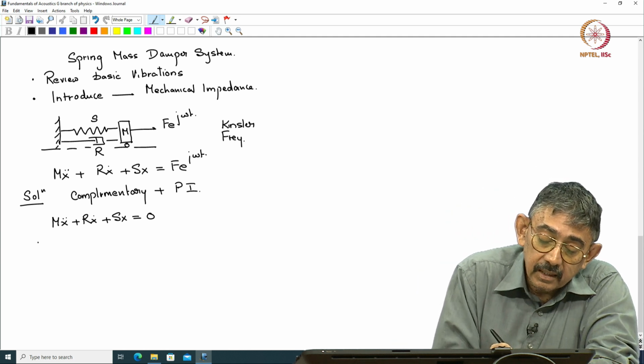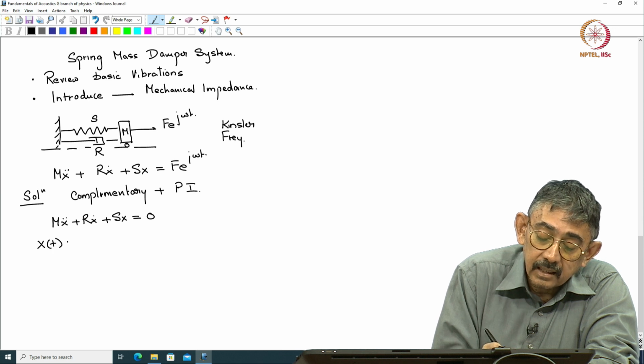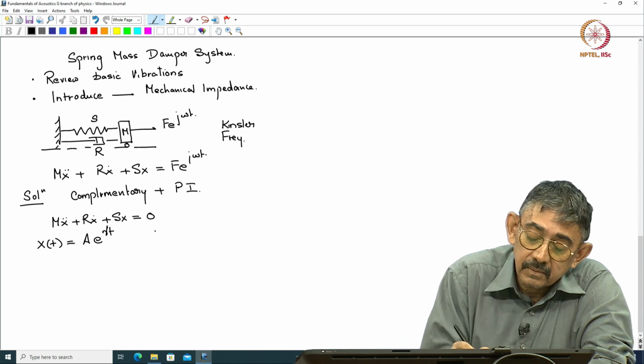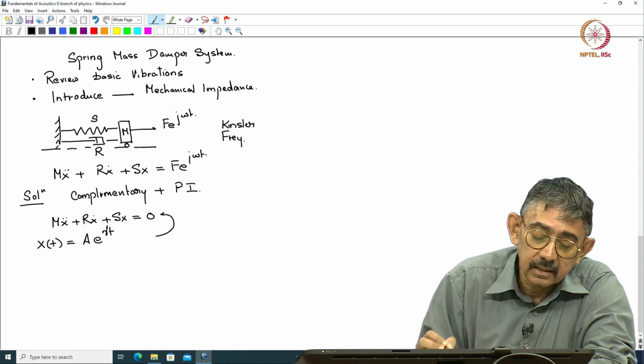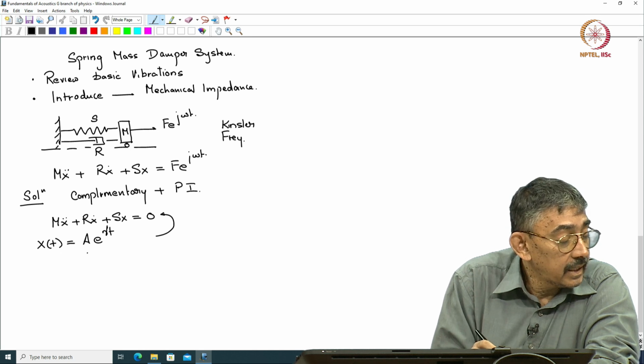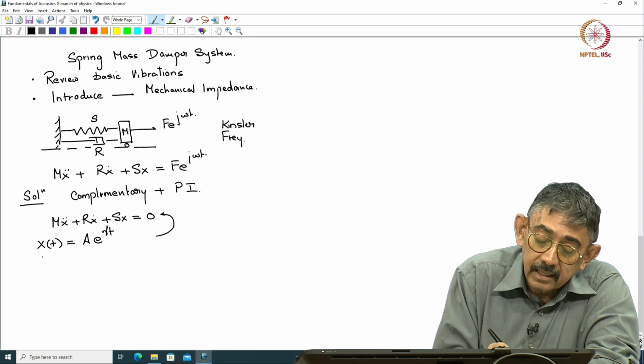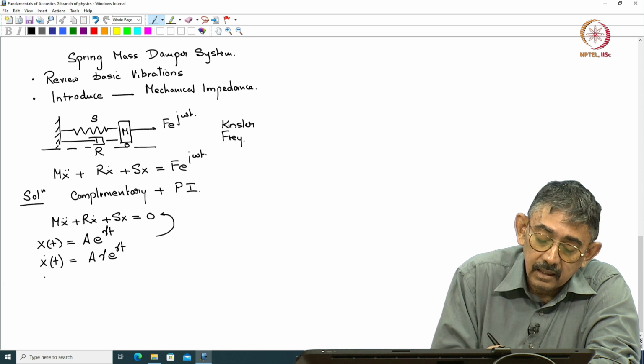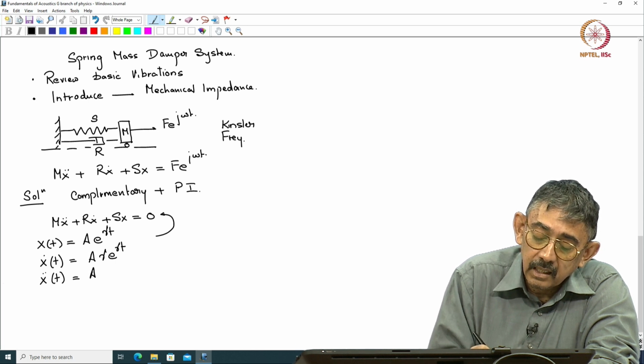Now we substitute x of t as some amplitude times e to the power gamma t. We substitute this assumed solution over here, so that we get x dot of t equal to a gamma e to the power gamma t, and x double dot of t equal to a gamma square e to the power of gamma t.